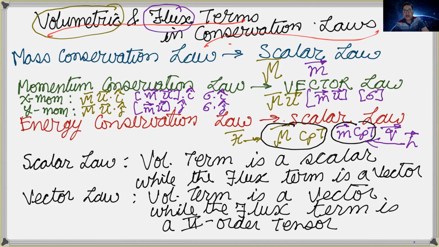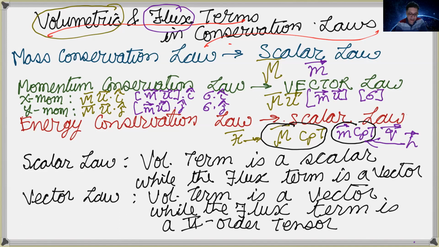The volumetric term gets converted into a scalar when you take a dot product with i and j, and the second order tensor for the flux terms gets converted into a vector. So finally, when you apply component by component, the volumetric term is a scalar and the flux term is a vector.